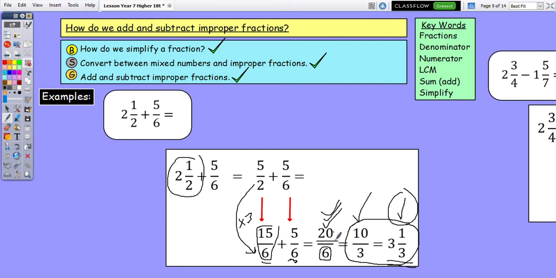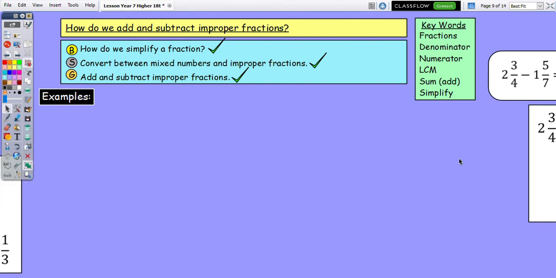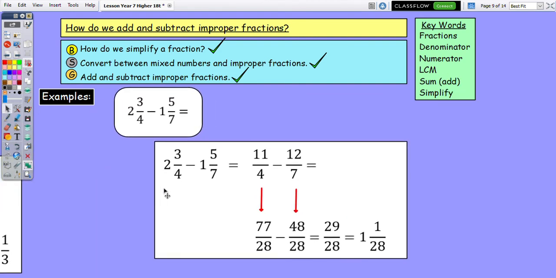Okay? It's exactly the same with the subtract question. This time I have to convert both of these numbers into improper fractions. 2 multiplied by 4 plus 3 gives me 11. 7 times 1 plus 5 gives me 12, and that's over 7.